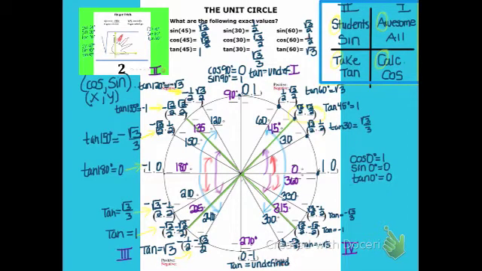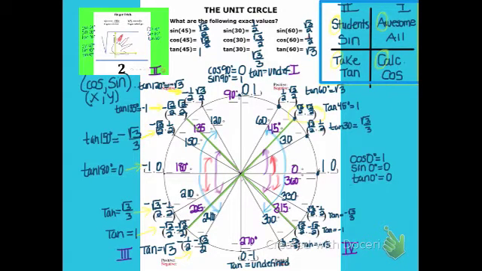So we've been talking about radians and how you convert them. Well, there's actually a really easy way to find the related radian measurements for these special angles as well. And you can do this by just splitting the unit circle into multiples of pi over 4 and pi over 6.